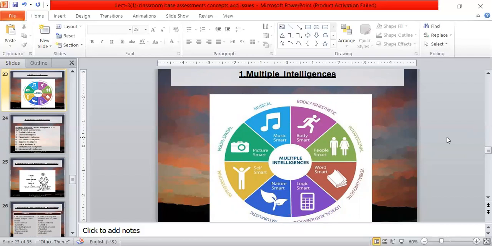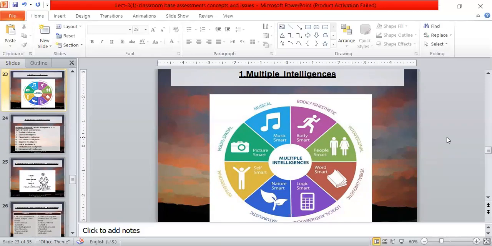Word smart, that is verbal linguistics, and logic smart is based on mathematics, and the naturalistic approach is nature smart, because in language and literature, to discuss nature is a usual component.